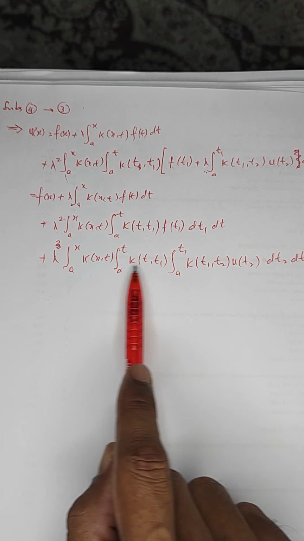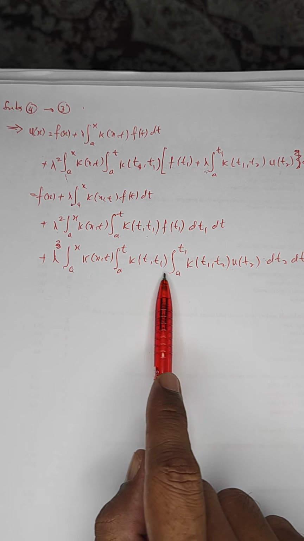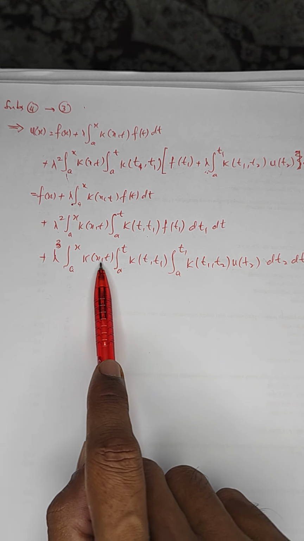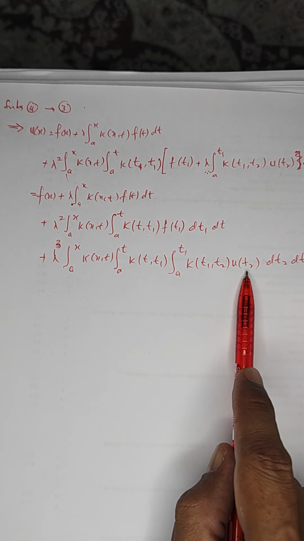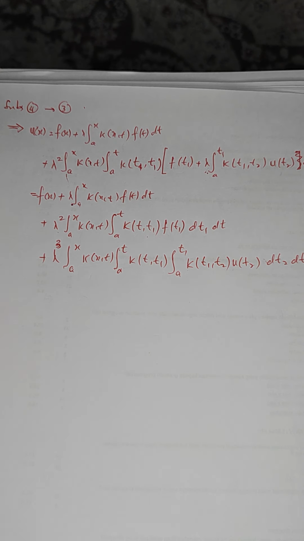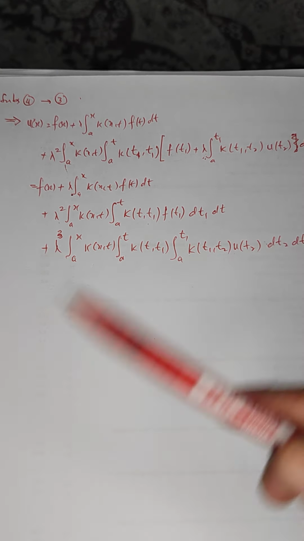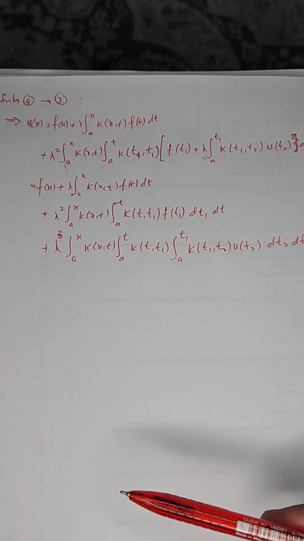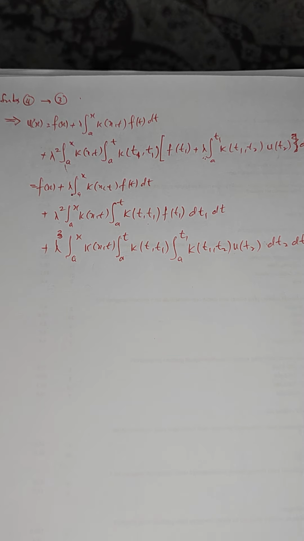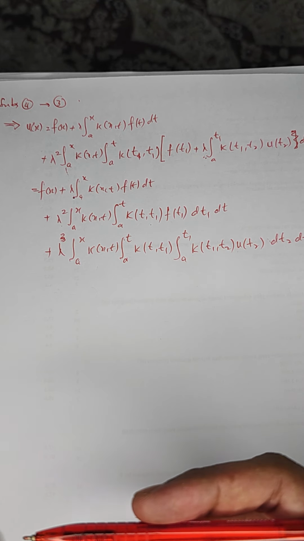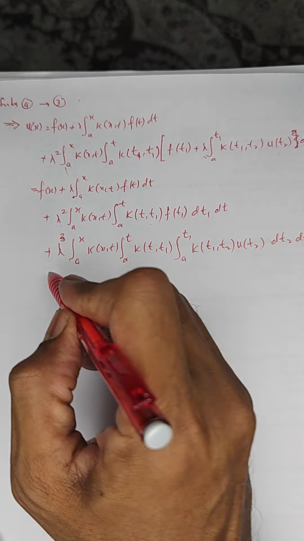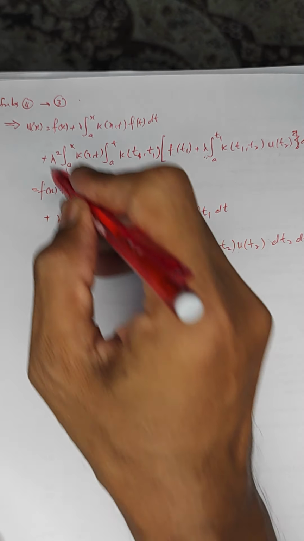The third term has three integrals with three kernels, k(x,t), k(t,t1), k(t1,t2), and u(t2). Okay, so we can generalize this. If we proceed up to n terms, and again up to many terms to infinity, we have an infinite series.